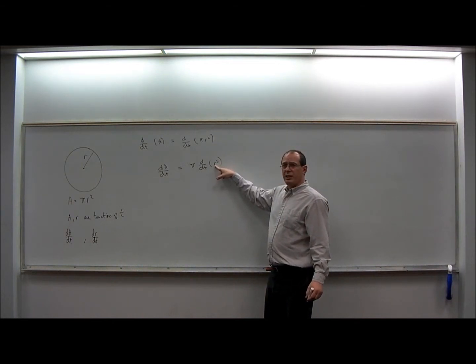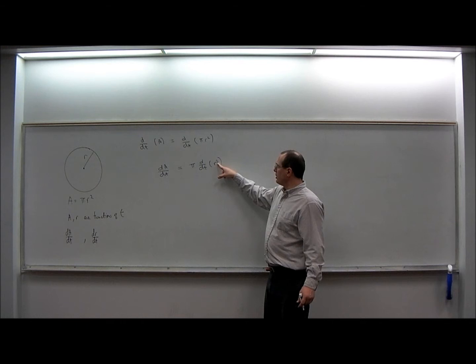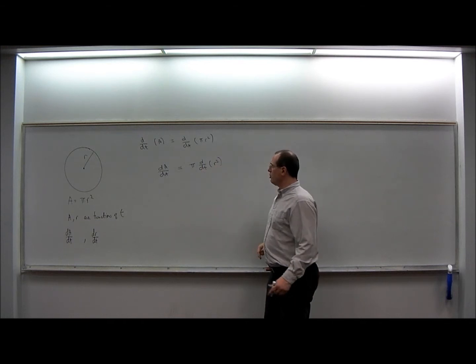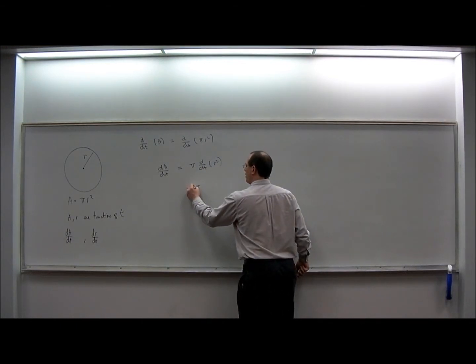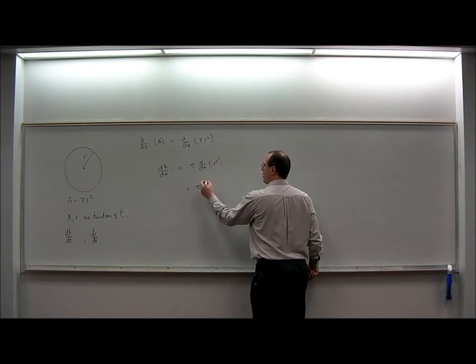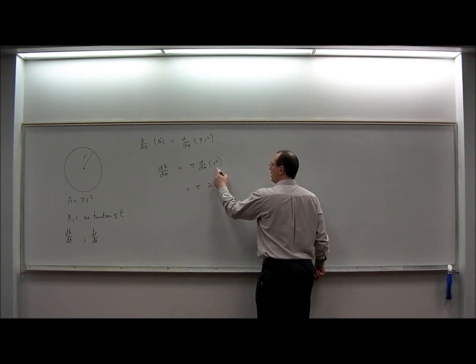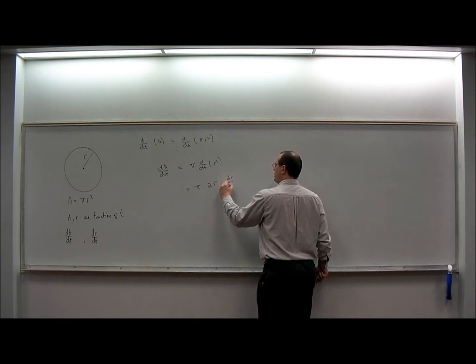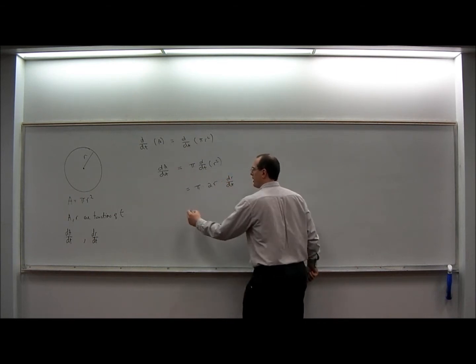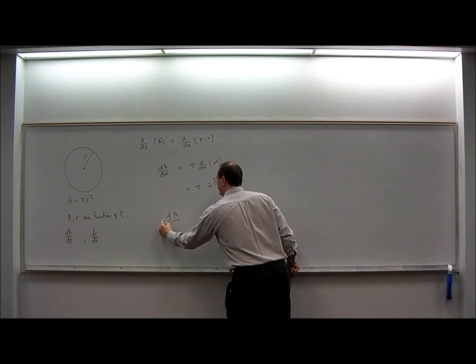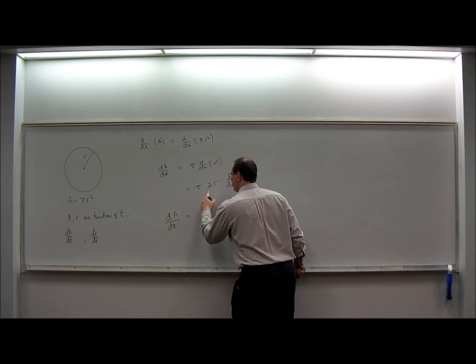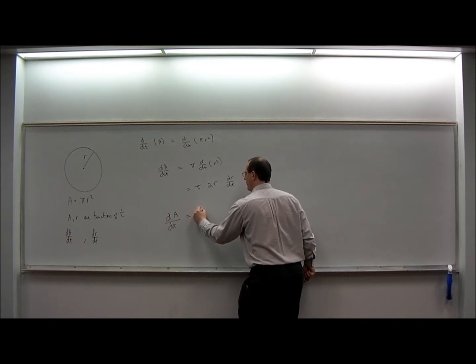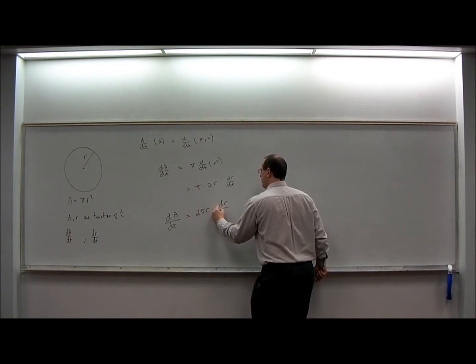This function of t is inside of the squaring function, so to take the derivative, we need to use the chain rule. The derivative of the outside, that's the squaring function, is 2r, and then the derivative of the inside function, that's r, its derivative is dr/dt. And so we end up with the equation dA/dt is equal to 2 pi r times dr/dt.